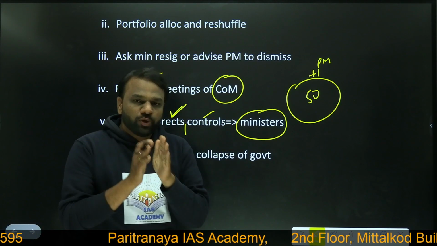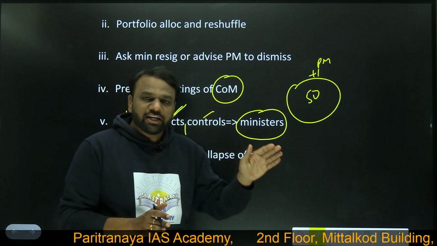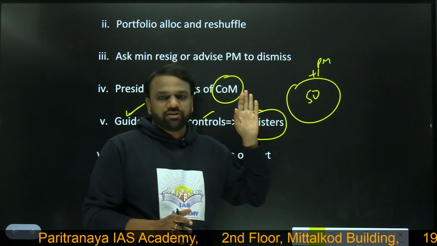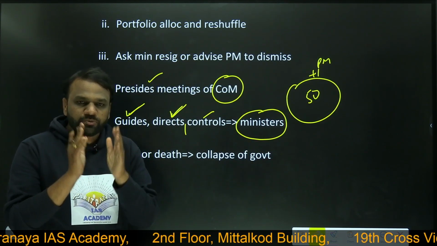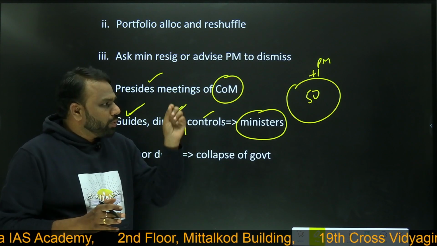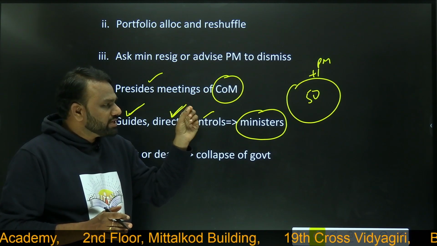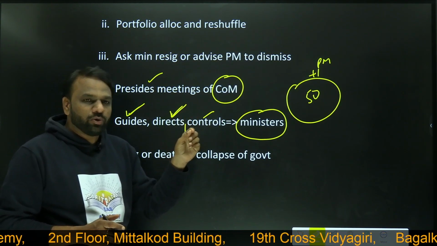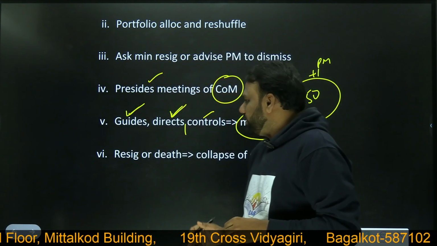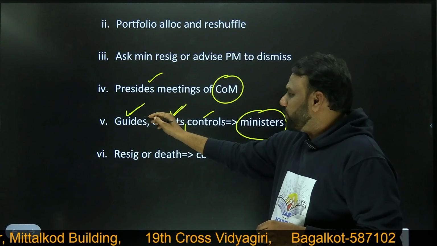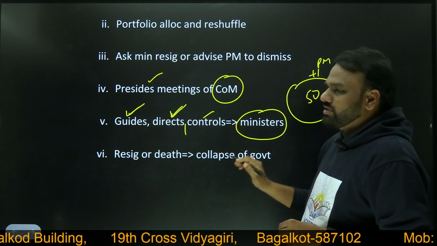The ministers should not deviate from the direction given by the Prime Minister. Among all the ministers, the most powerful position is Prime Minister. So we say the Prime Minister has the power to guide, direct, and control the ministers. That is the Council of Ministers.